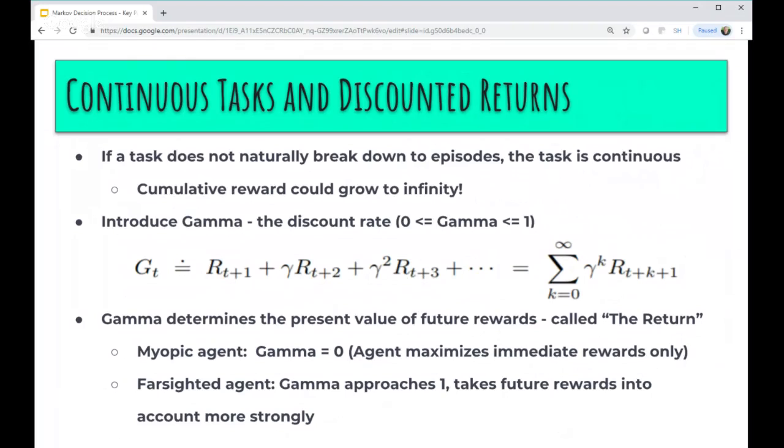That is the time step that you're referring to each time. So future returns give smaller and smaller contributions to the total return if gamma is less than 1, and gamma is always less than 1.